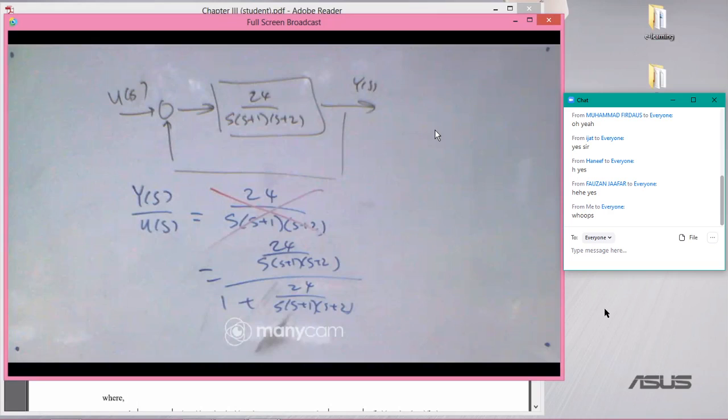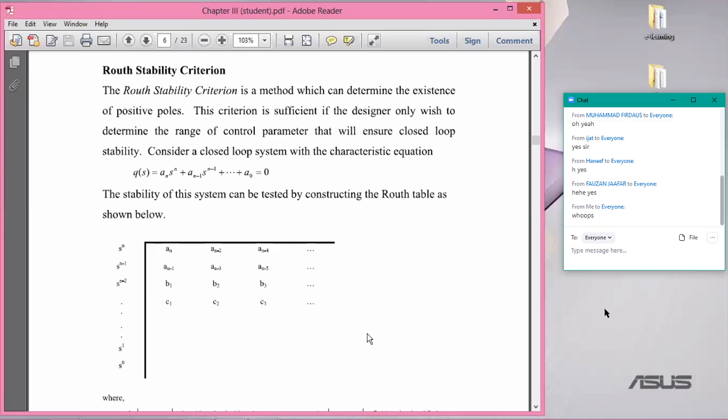All right, so let us continue our discussion. It would be nice if we can determine whether the system is stable or not without having to compute the numerical value of the roots.